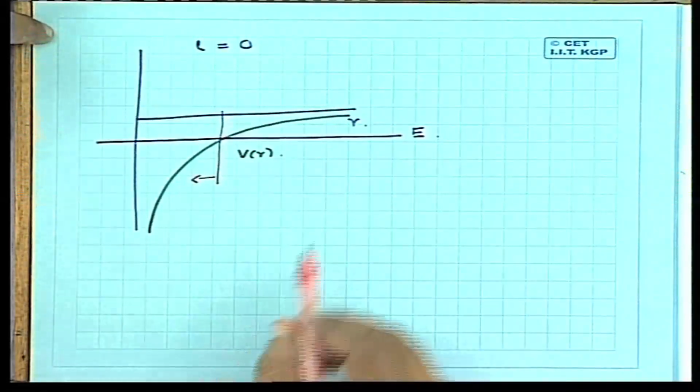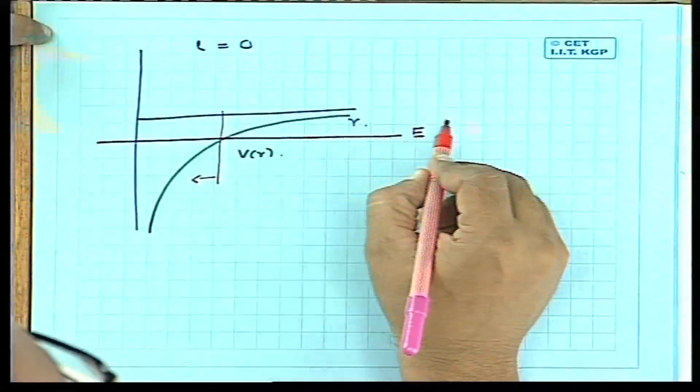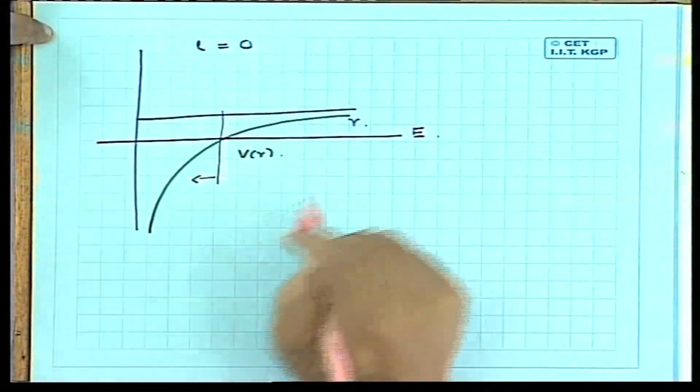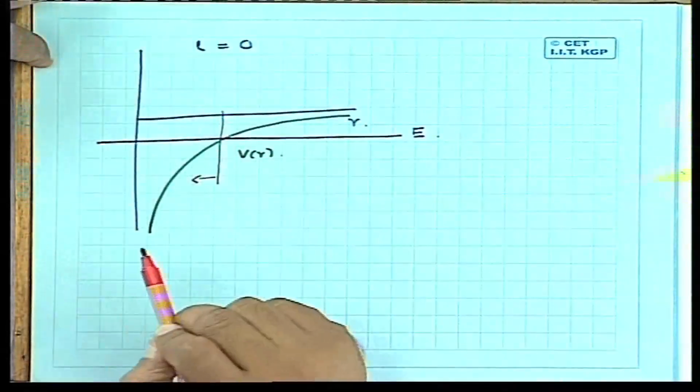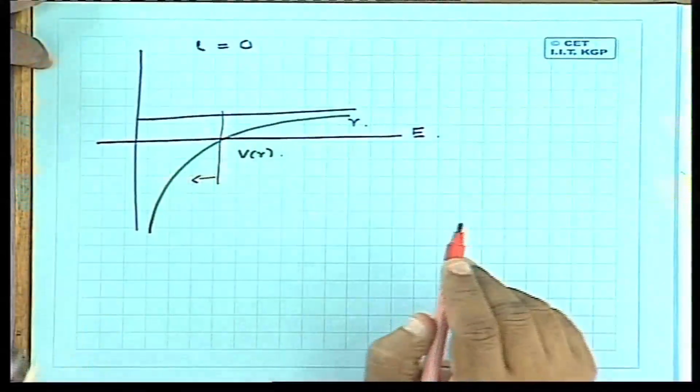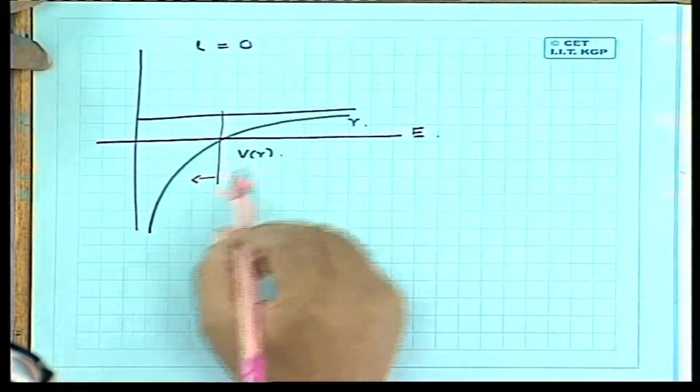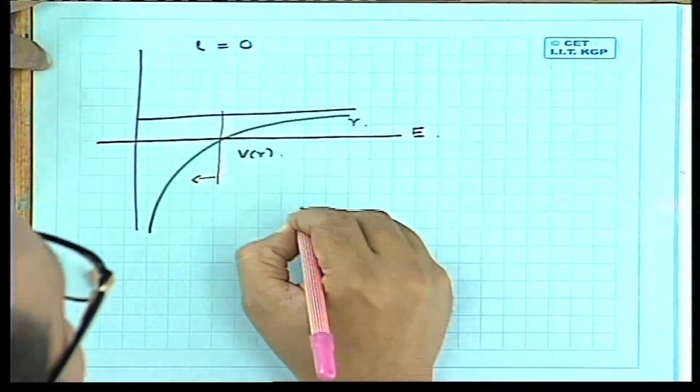Now asymptotically, as r tends to infinity, the potential itself disappears. So at large r you can just think of the wave function satisfying this equation.